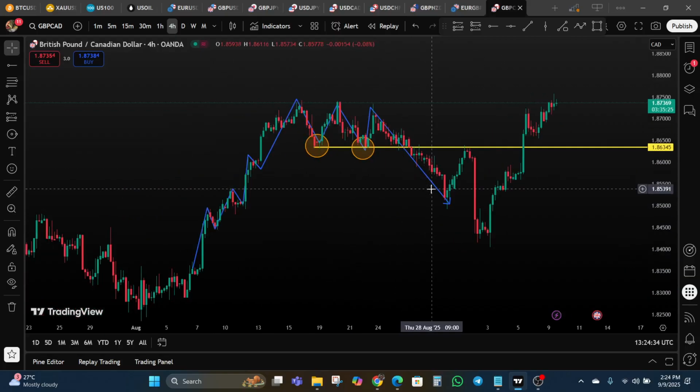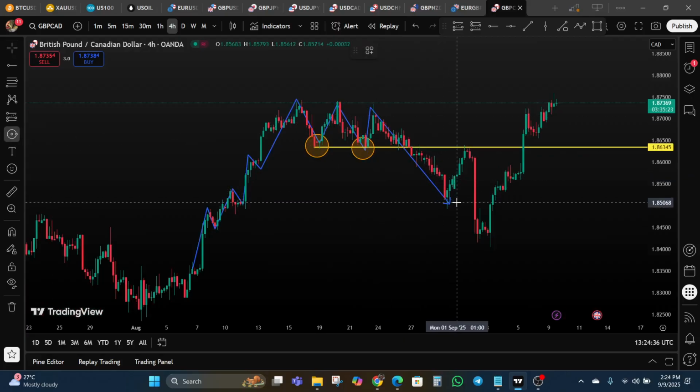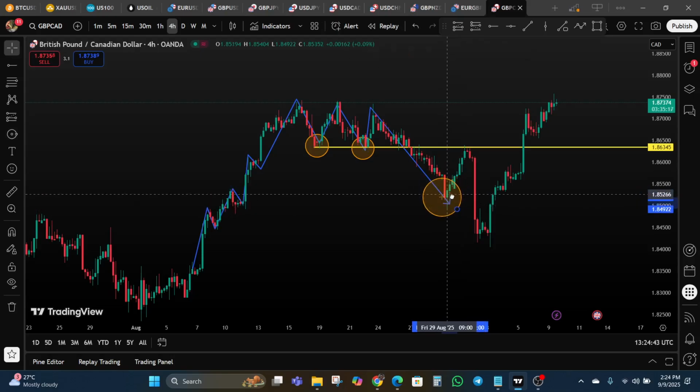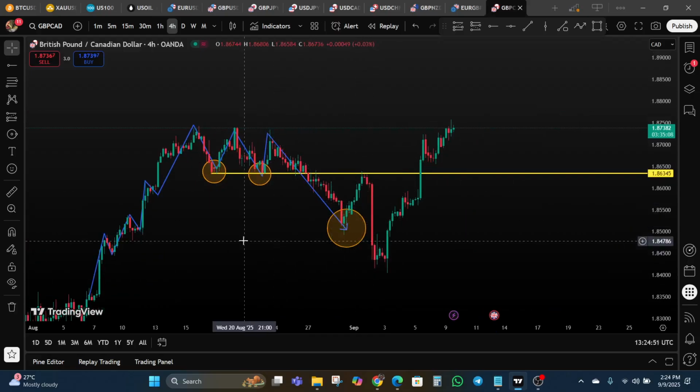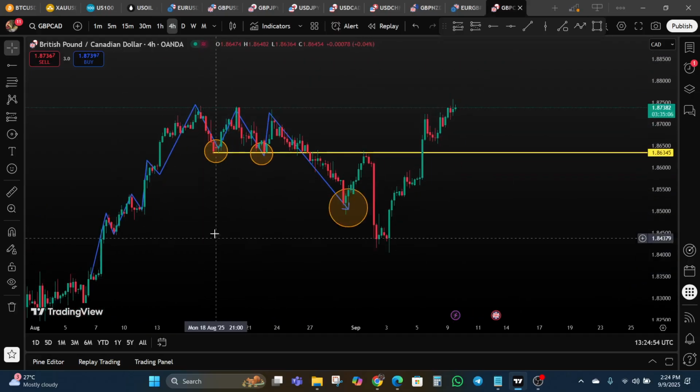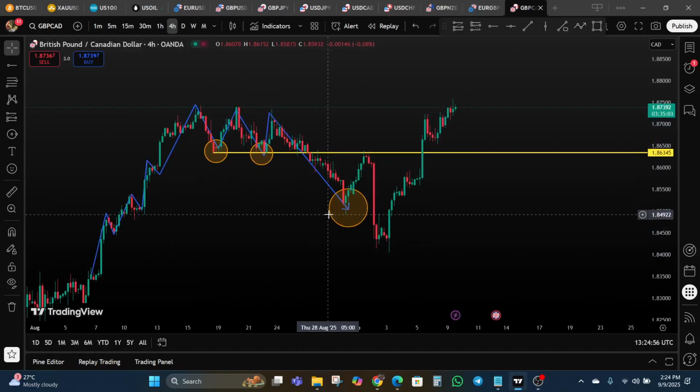It happens when the price breaks the previous market structure in a way that signals a potential shift in trend. Okay, so this is an example of an uptrend that was changed into a downtrend.